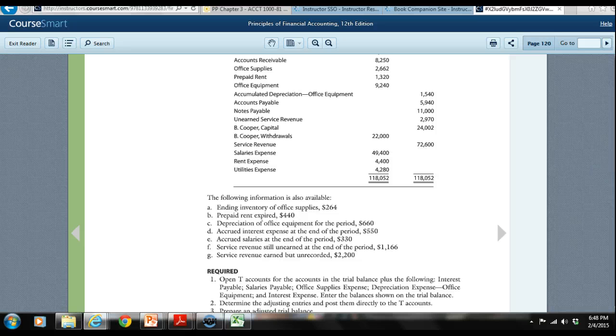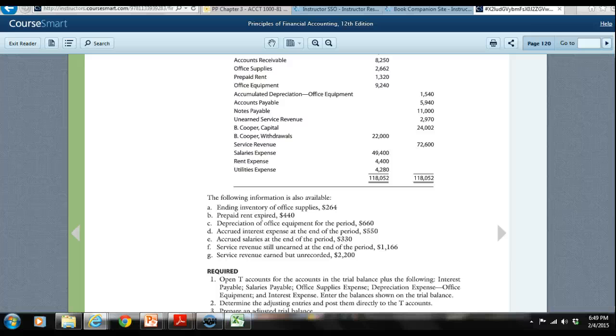B, prepaid rent expired, $440. Okay, guys, I'm going to be honest with you. Some of the wording can be tricky. Like, what's this mean? Does this mean we have $440 of prepaid rent left? Or does this mean $440 of prepaid rent is gone? Do you understand what I'm saying?